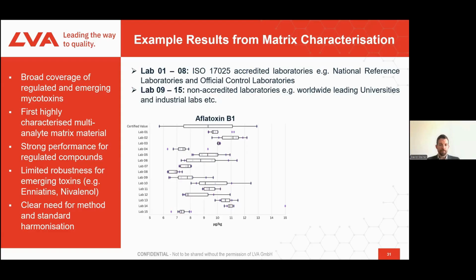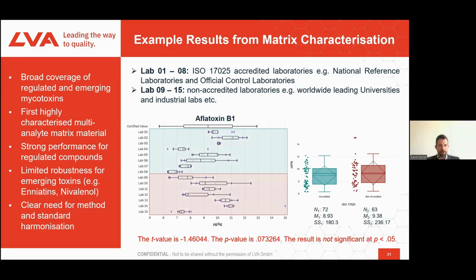As an example, this slide shows the results for aflatoxin B1. The upper part represents data from ISO 17025 accredited laboratories, mainly national reference laboratories and official control laboratories, while the lower part shows results from non-accredited labs, including universities and industry labs.